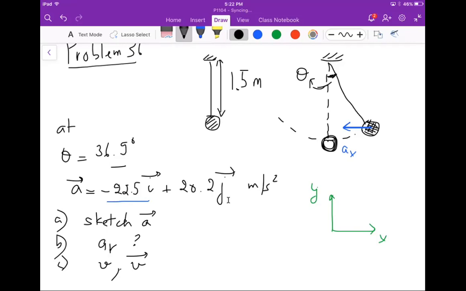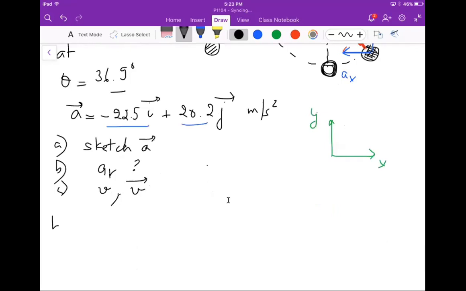So in other words, you can say the following. Part B, you can say that AR is given by AXR plus AYR. So the projection of AX along the radial direction and the projection of AY along the radial direction. Now, this is all about vectors and the projection of vectors. So let's put them correctly together.